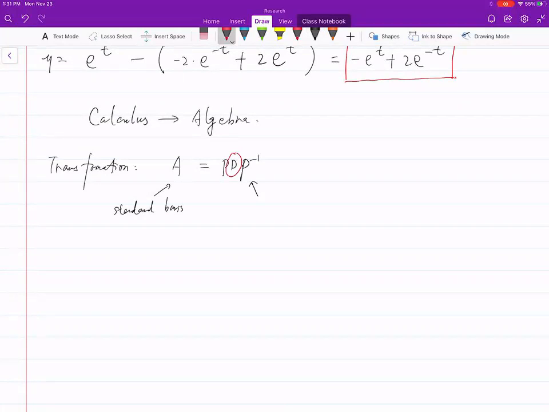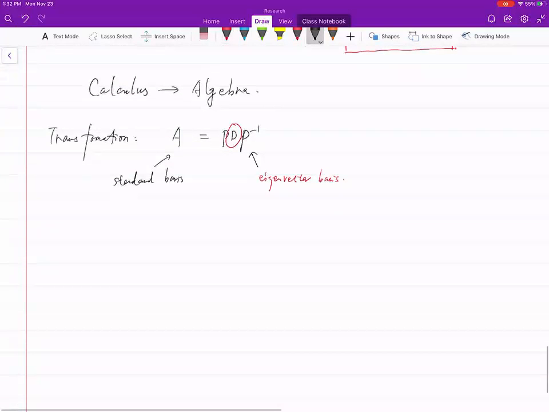This one will be the transformation if you do it in the eigenvector basis. So for the same thing, if you just choose a different basis, suddenly your matrix becomes diagonal. The determinant is easy. The invertibility is easy. The eigenvalues are easy. Everything becomes super easy. Okay, that's the idea of transformation.